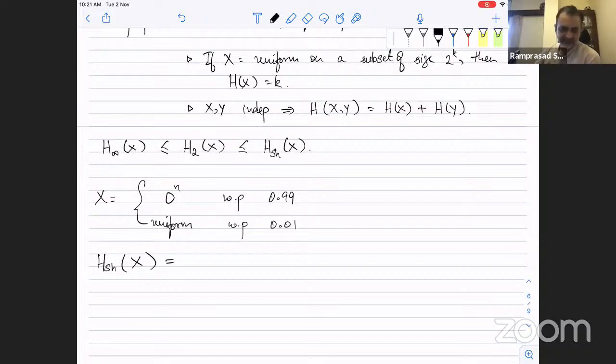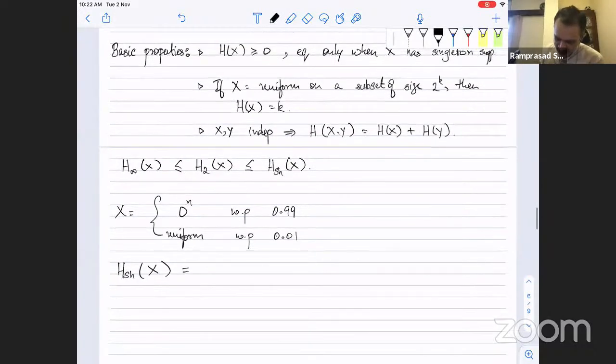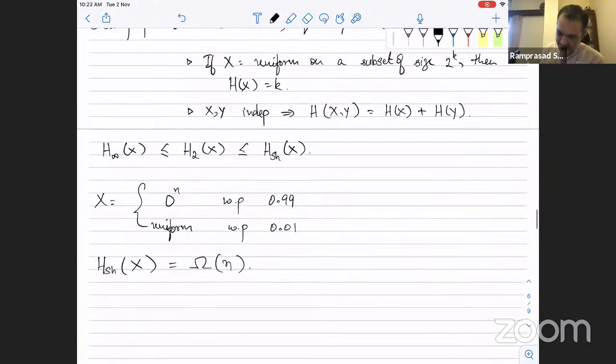This is a weird calculation, but just take my word for it that the Shannon entropy turns out to be something like Omega(n), some constant times n, maybe roughly 0.01n. Intuitively, there is a good amount of randomness in the system, because at some point I will be getting a uniformly random string.